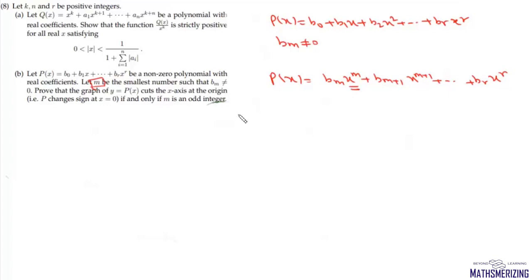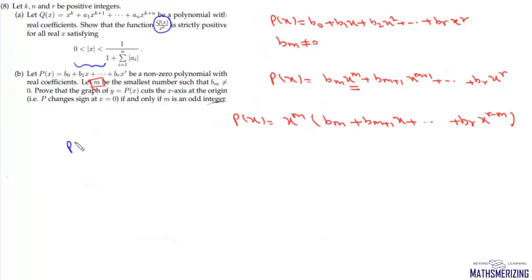Now we'll take x to the power m common, then we can write px as x to the power m, and here it will be bm plus bm plus 1x plus br x to the power r minus m. Then the first part we have already proved that if x lies between 0 and 1, then qx upon x to the power k is strictly positive.